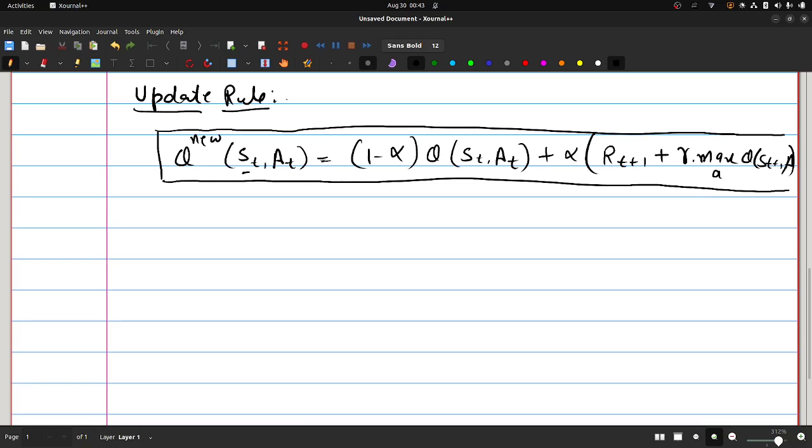So now let us go to a simple example that we will just cover.